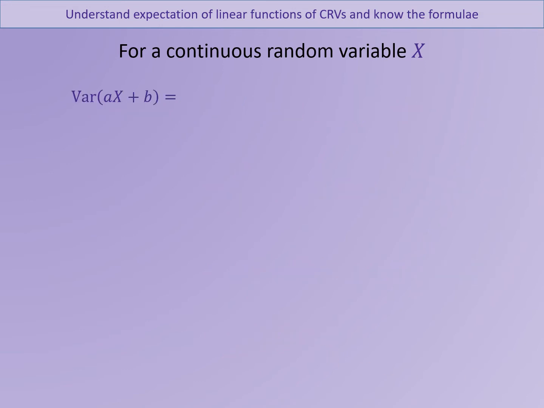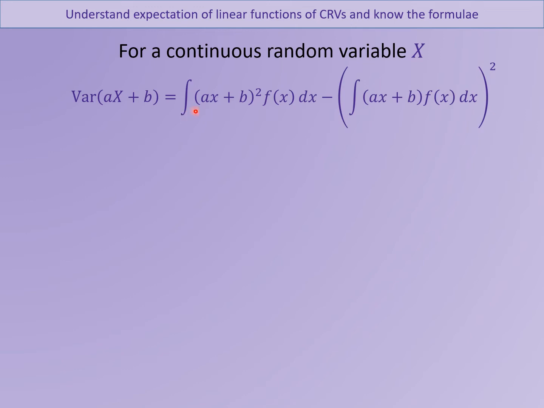We're now going to consider the variance of ax plus b. Now, using the formula that the variance of x is the expected value of x squared minus the expected value of x all squared, we can say that this is the expected value of (ax plus b) squared minus the expected value of ax plus b all squared.